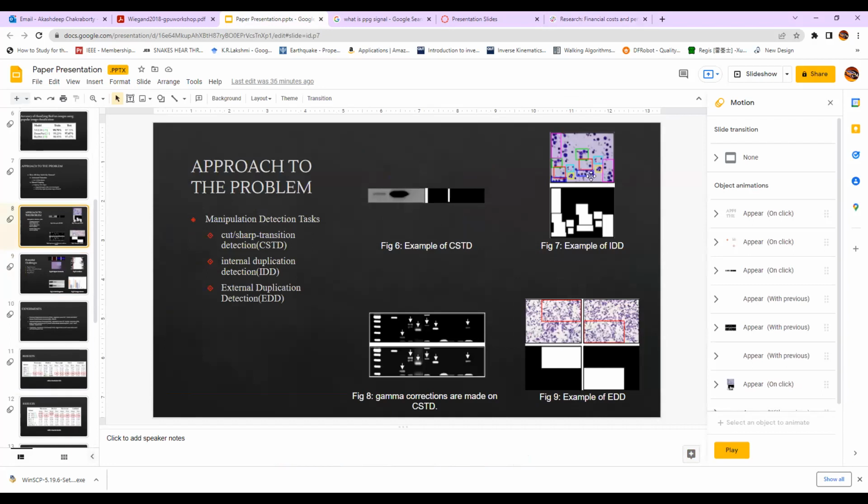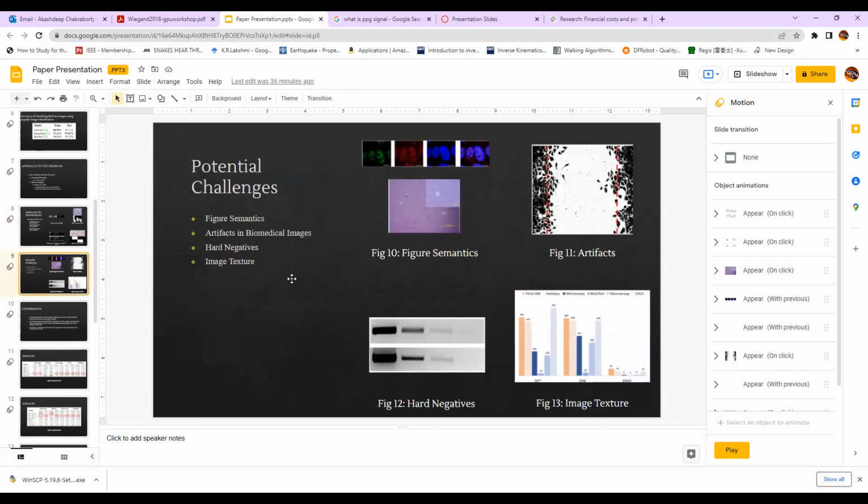The example of IDD, we can still do this, but catching these kinds of cut sharp transition detection, or taking a layer of an image and putting it into another layer of the image, is really difficult to detect with the human eye. So keeping all this in mind, these authors have proposed this paper.